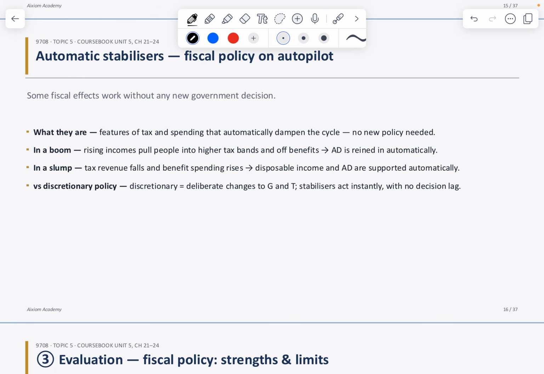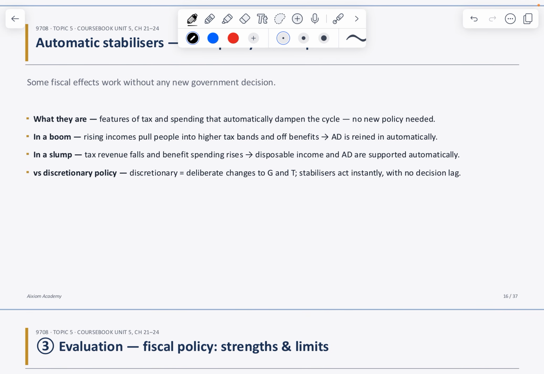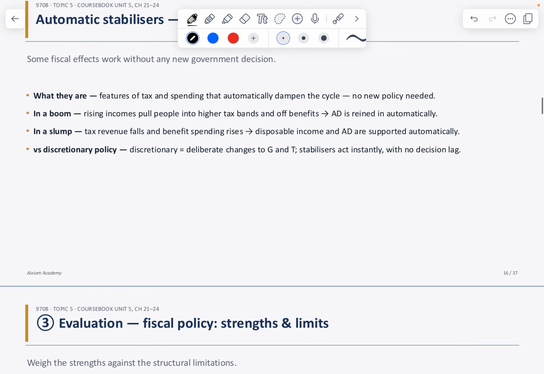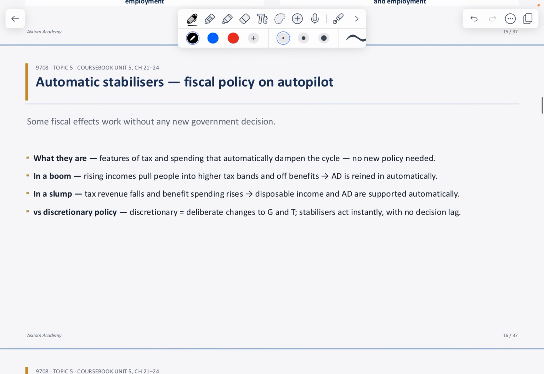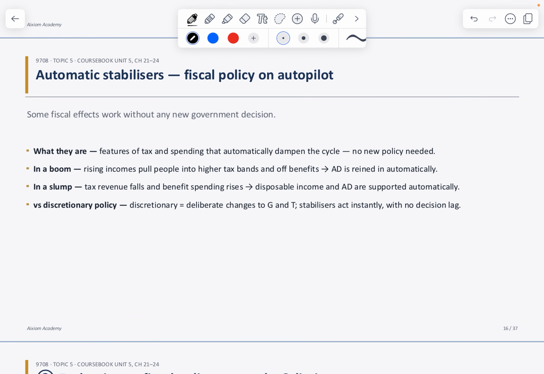So the aggregate demand is constrained in a certain way automatically. In a recession, tax revenue falls, and the government needs to spend more on welfare, so the disposable income and the AD are supported automatically. So this is a unique feature that fiscal policy has.